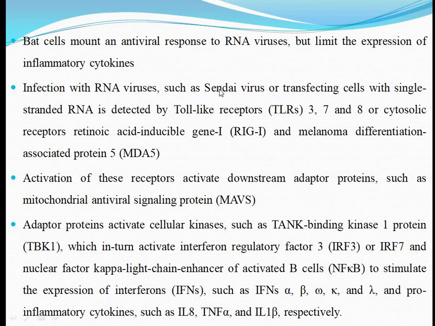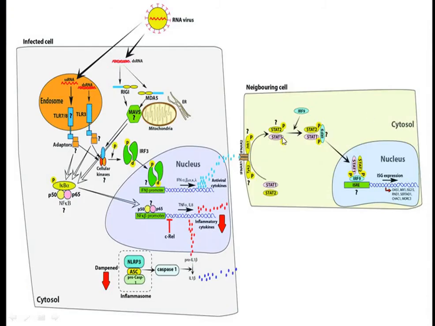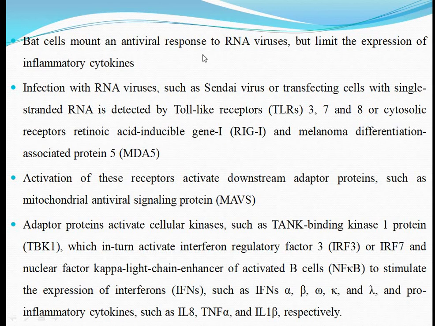Infection with an RNA virus such as Sendai virus, or transfecting cells with single-stranded RNA, is detected by toll-like receptors 3 to 8. Like this, this is the RNA virus, and by the cytosolic receptors retinoic acid inducible gene 1 and melanoma differentiation associated protein 5.